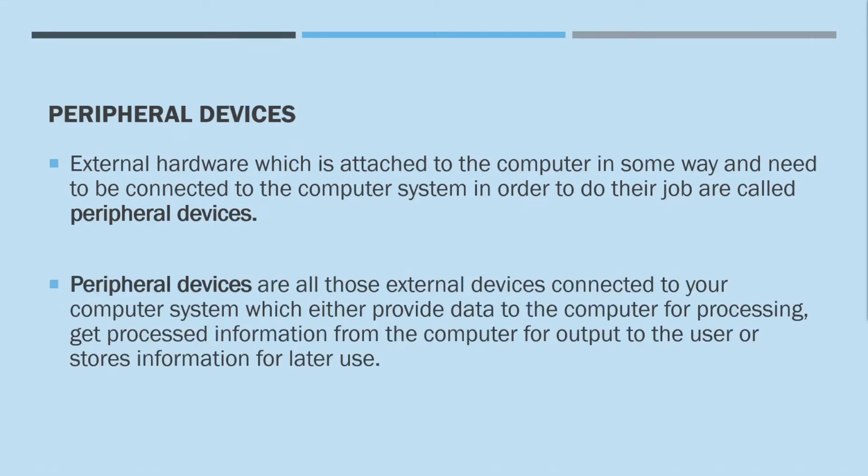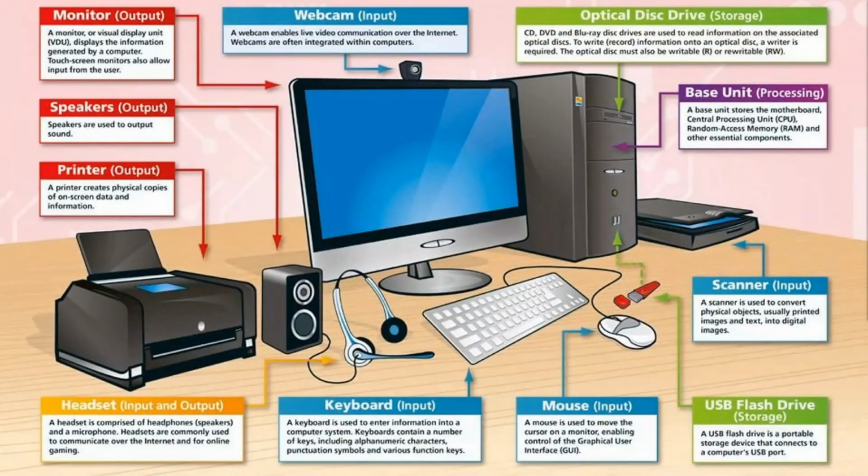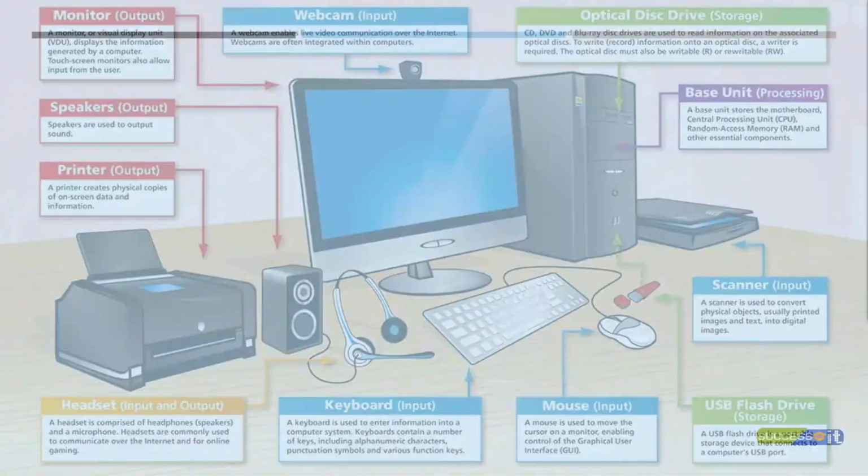Peri means around or about, so peripheral devices are all those external devices connected to your computer system which either provide data to the computer for processing, get processed information from the computer for output to the user, or store information for later use. Some of these common peripheral devices are shown here.